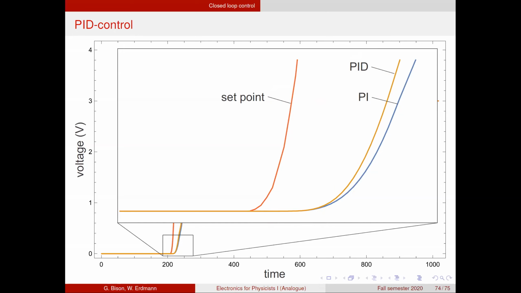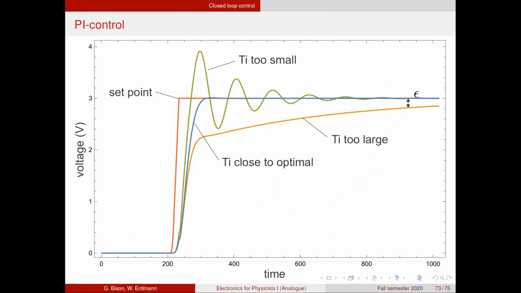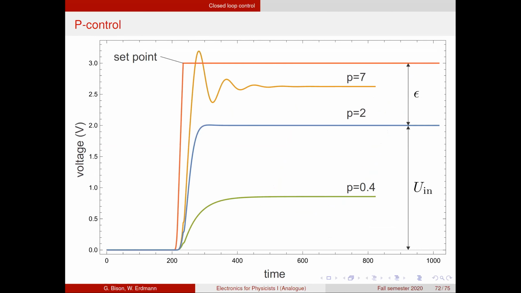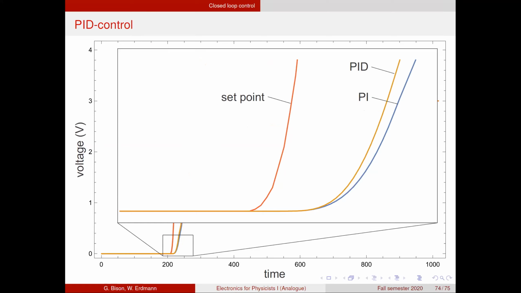That's the goal of the D part: if you have a sudden change, to react more quickly than the P and the I part can do. It's typically a subtle change. So what you would do if you set up a PID controller is to first get it into stable PI control, and then see if you can optimize the situation by activating the differential part. In many circumstances, it's not necessary.